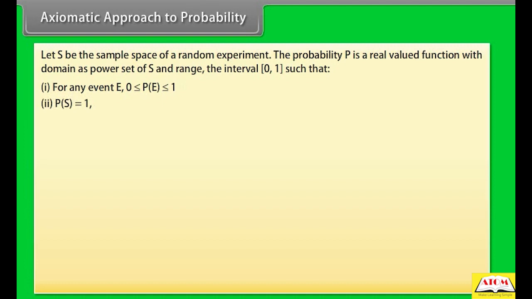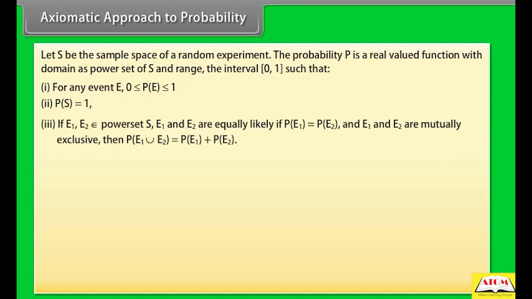And 3. If E1 and E2 are mutually exclusive, then P(E1 union E2) = P(E1) + P(E2), where P(E) is called the probability of event E.